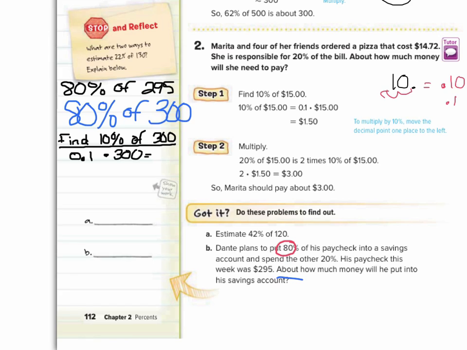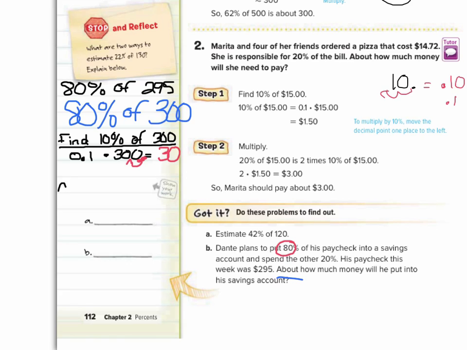Well, if we use our shortcut to multiply by 10%, move the decimal point one place to the left. Right now, with the 300, our decimal point's right here. If we go one spot to the left, it's going to equal 30. 10% of 300 is 30.